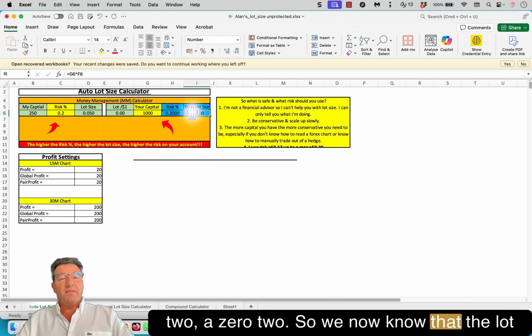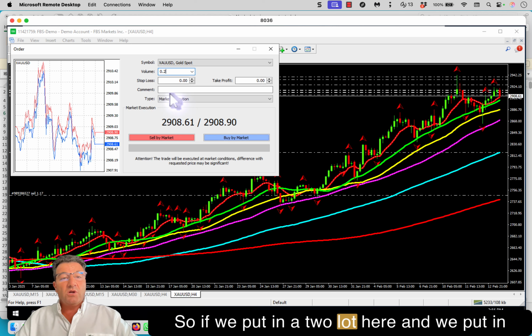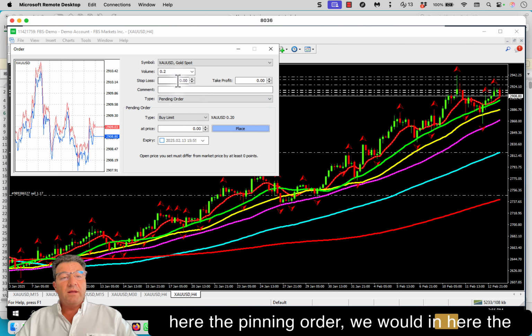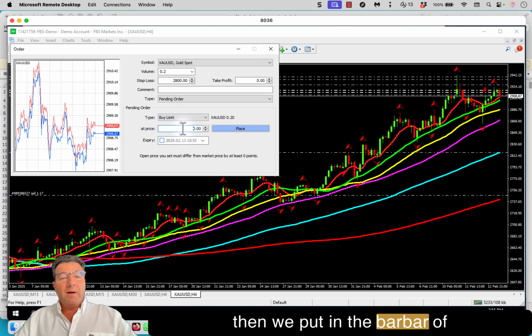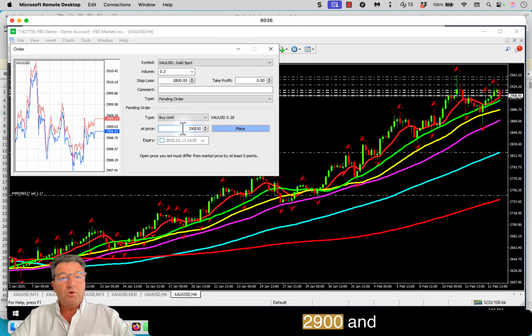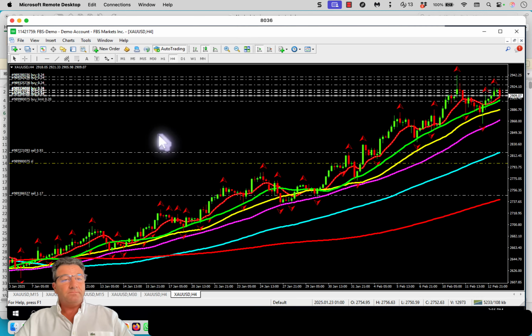So we now know that the lot size is going to be a 2 lot. So if we put in a 2 lot here, and we put in the pending order, we'll put in the stop loss of 2,800, and then we put in the buy price of 2,900, and we'll place the trade.